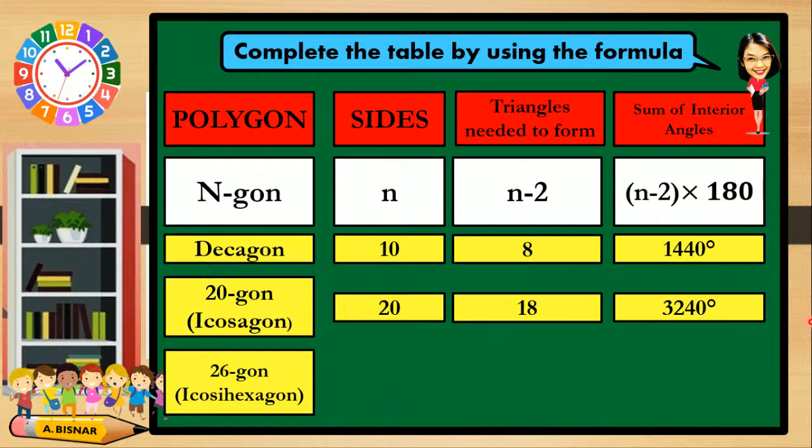Okay, how about with this? 26 gon or icosahexagon. Icosahexagon. It should be 3,240.